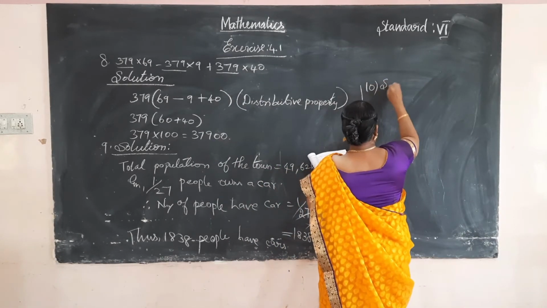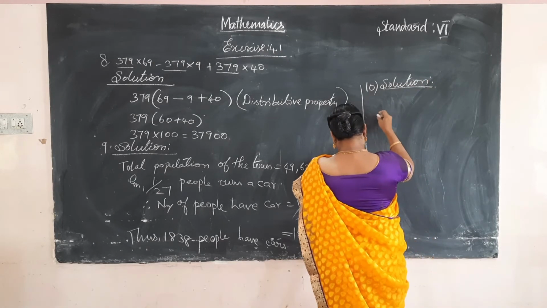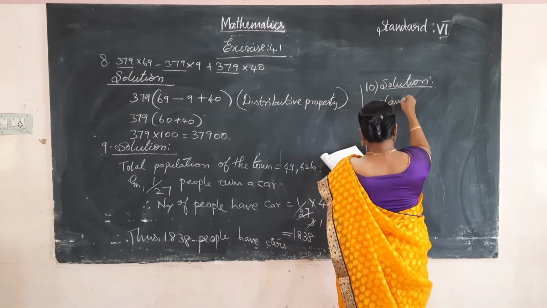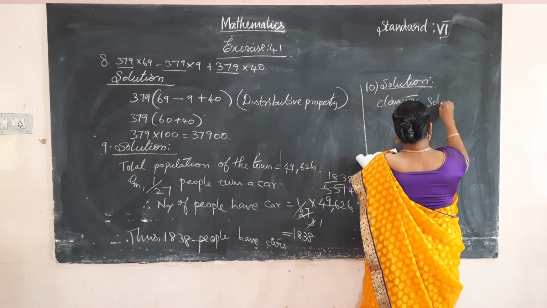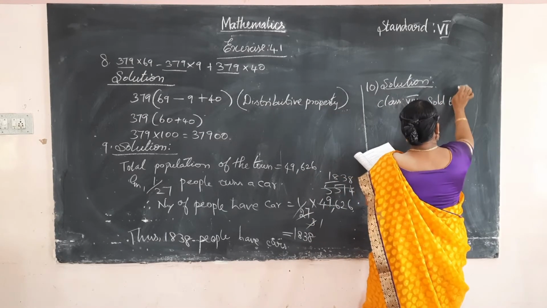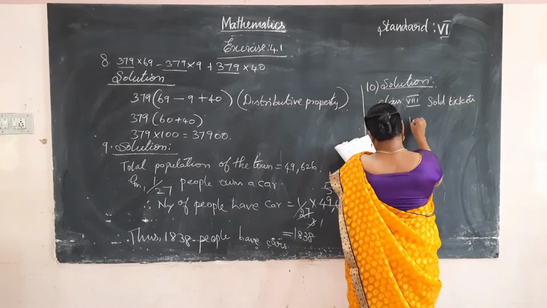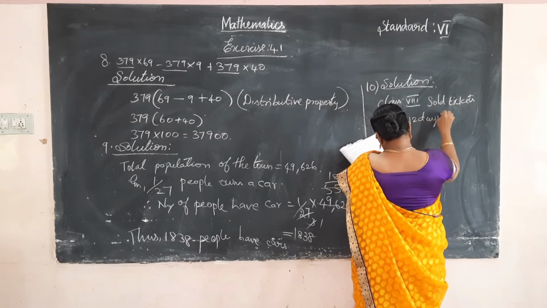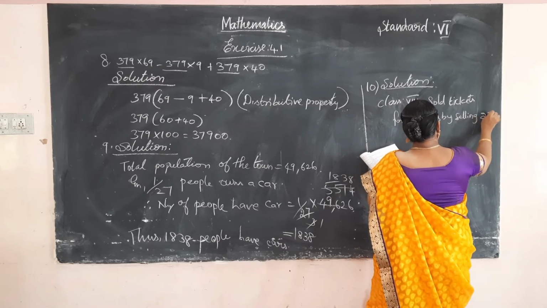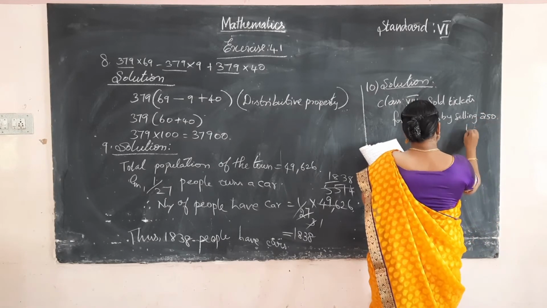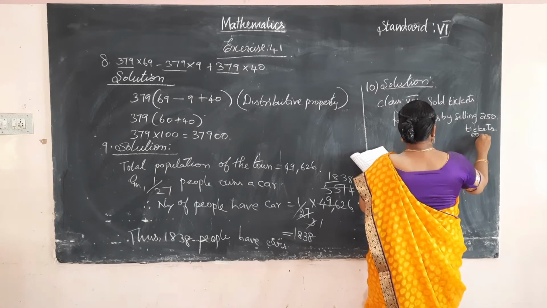So the class 8 sold tickets for 12 days by selling 250 tickets each day.